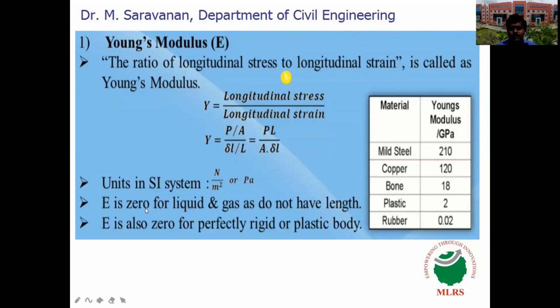Therefore, Young's modulus for liquid and gas is 0. And Young's modulus is also 0 for a perfectly rigid or plastic body, since there is no elasticity. Young's modulus is the modulus of elasticity. For materials: mild steel, Young's modulus is 210 gigapascal, copper 120 gigapascal, bone 18 gigapascal, plastic 2 gigapascal, rubber 0.02 gigapascal.